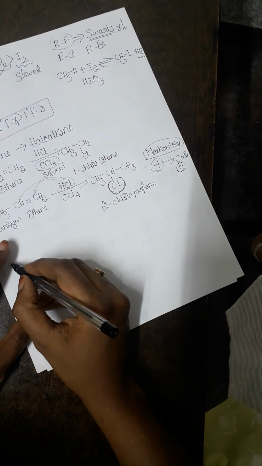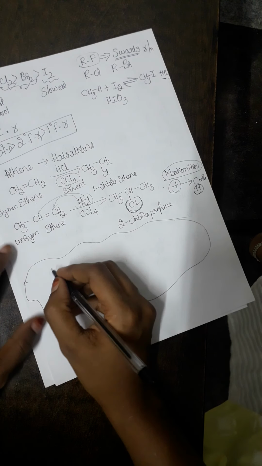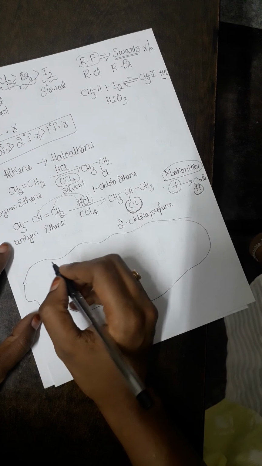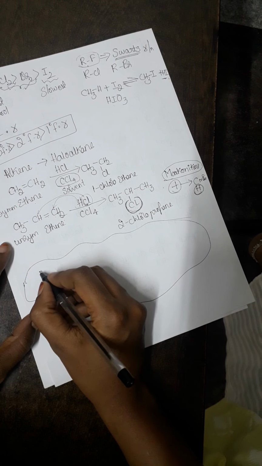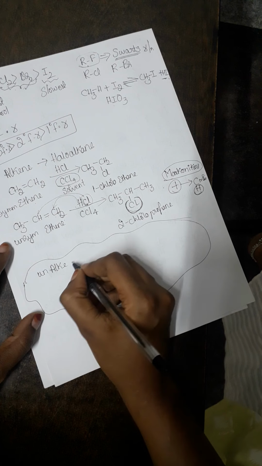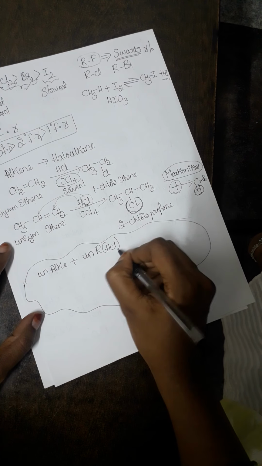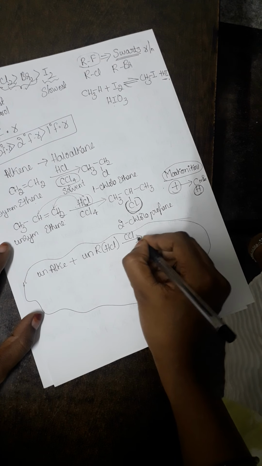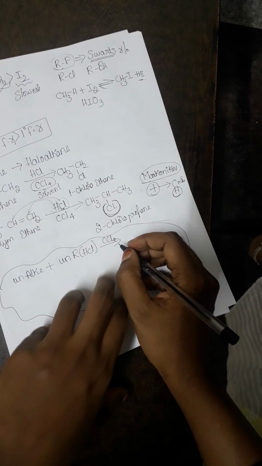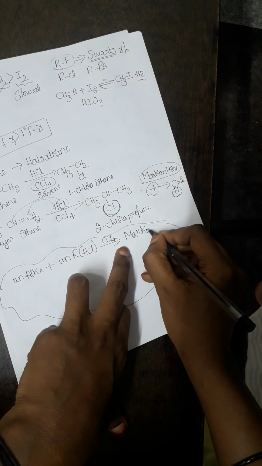Okay, so now let us look at the competitive exam information. So what is that competitive information here? In short form I'll be writing it. When I have an unsymmetrical alkene with an unsymmetrical reagent, that is HCl, in the presence of carbon tetrachloride as a solvent, of course it has to obey the Markovnikov rule.